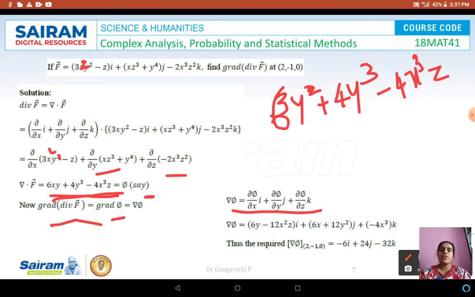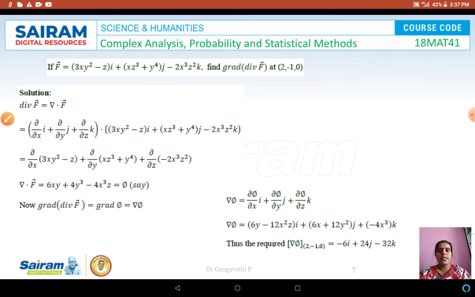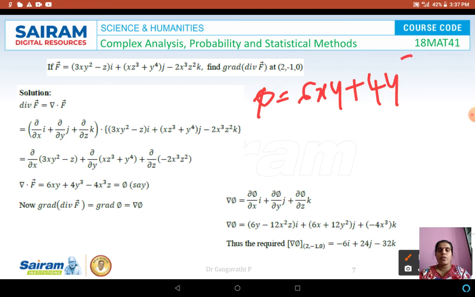So substitute ∂φ/∂x. Differentiate phi with respect to x. So what is our phi? Phi is equal to 6xy plus 4y³ minus 4x²z. So this is our phi.